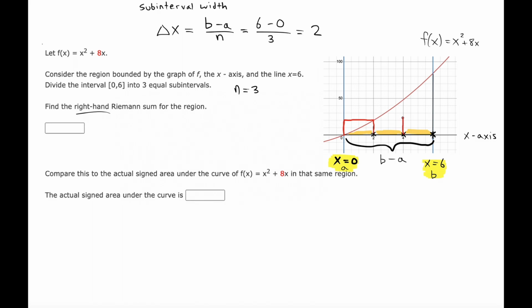Now I'll trace up from 4 till I hit the function, and that can be the height of my second subinterval. And then I'll trace up from 6 until I hit the function. And there's my third subinterval.